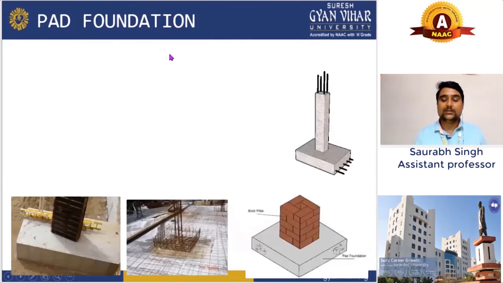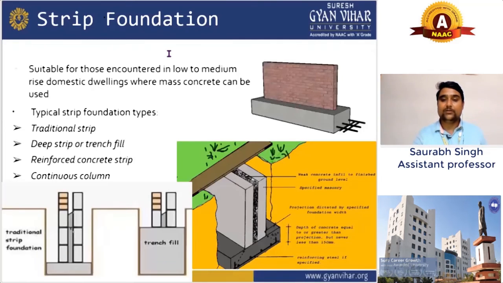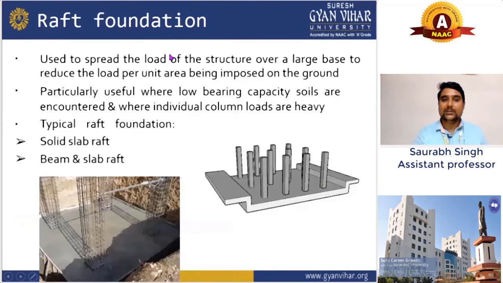This is the pad foundation, as you can see here, and we also did the strip foundation and raft foundation. I would like to tell you again, we generally make a raft foundation for high-rise buildings, where we need to minimize the pressure on the ground. If you want to minimize the pressure on the ground, you can increase the area of your foundation or footing.